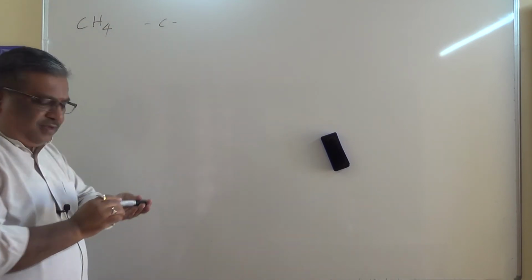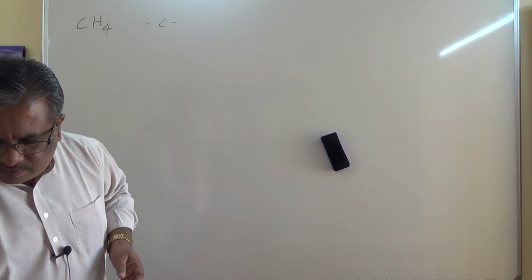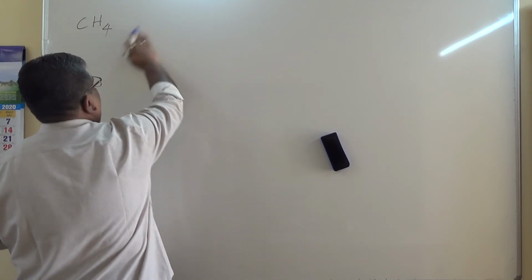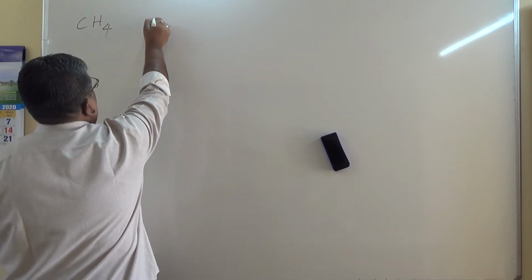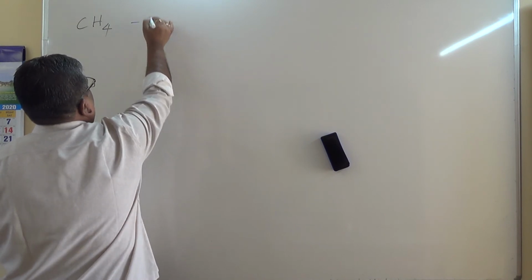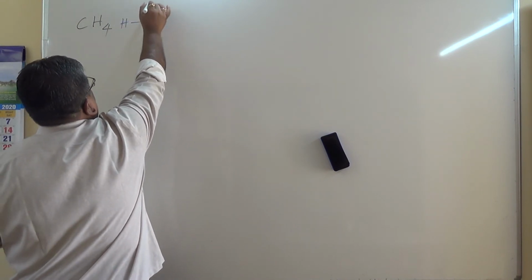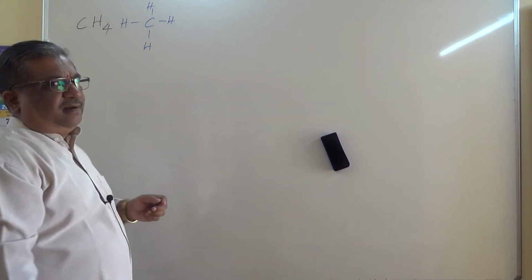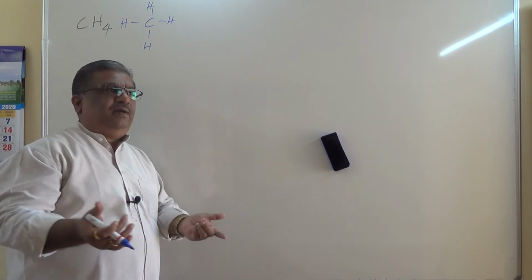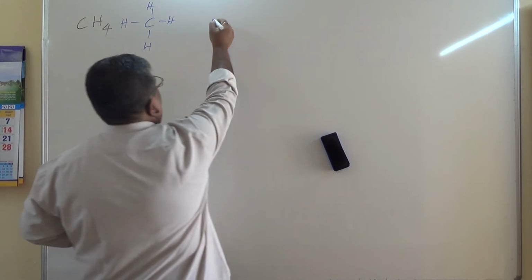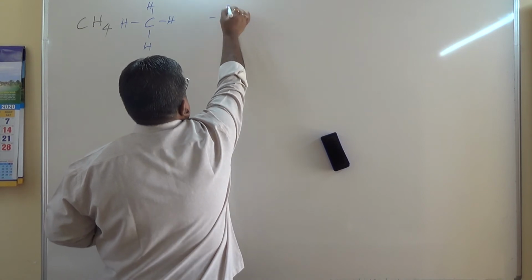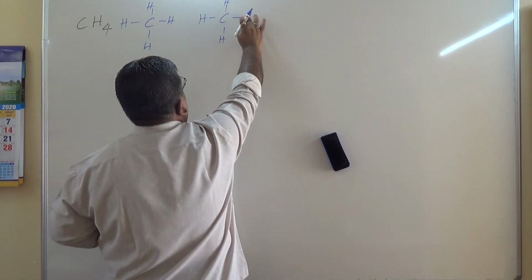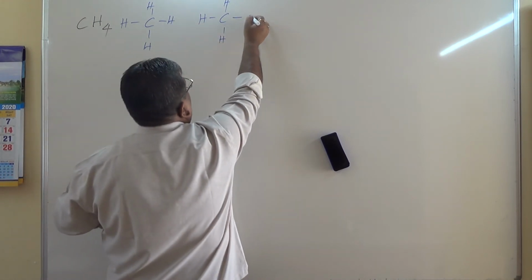Let me attach halogens here: chlorine, bromine, iodine, etc. See, like this, I will retain 3 hydrogen atoms, and 1 hydrogen atom I'll remove and put chlorine.